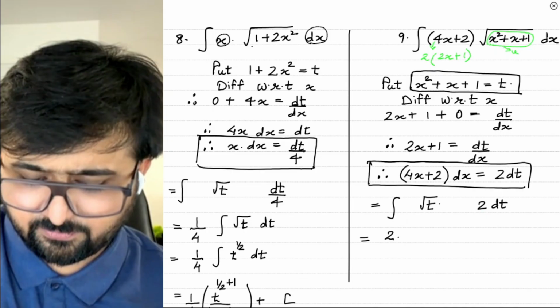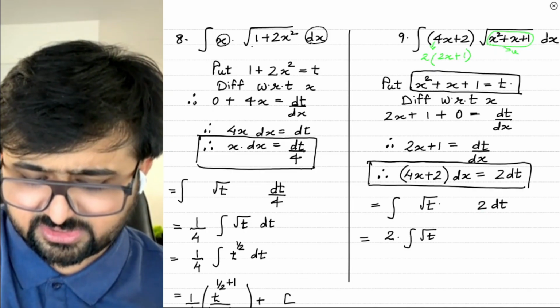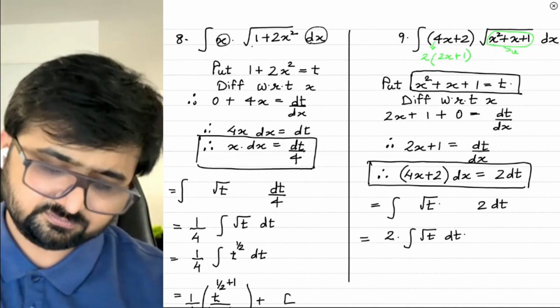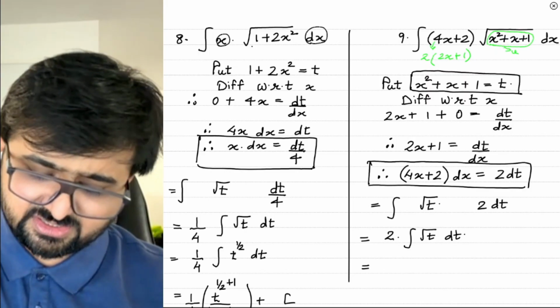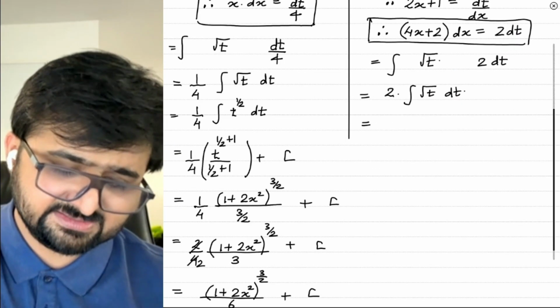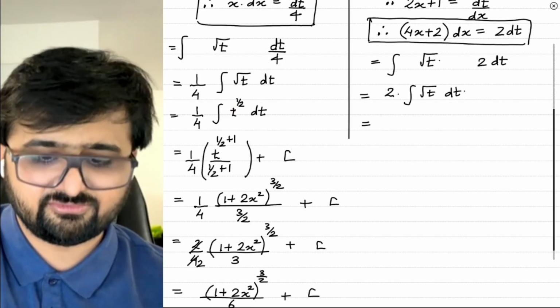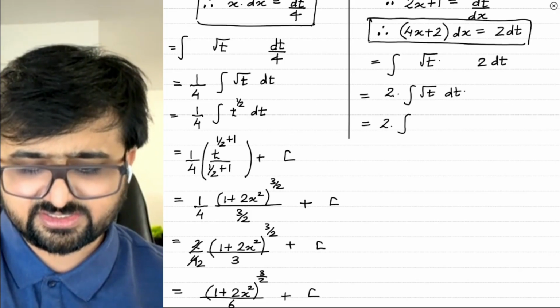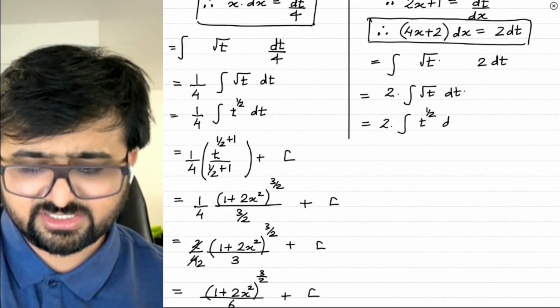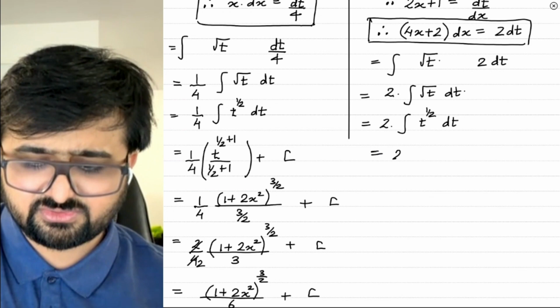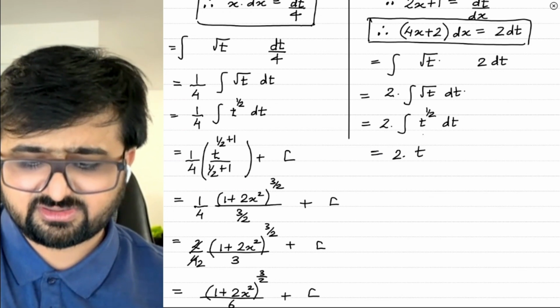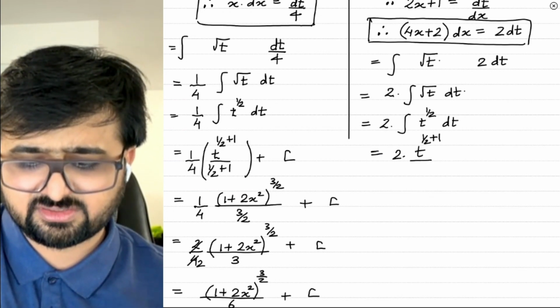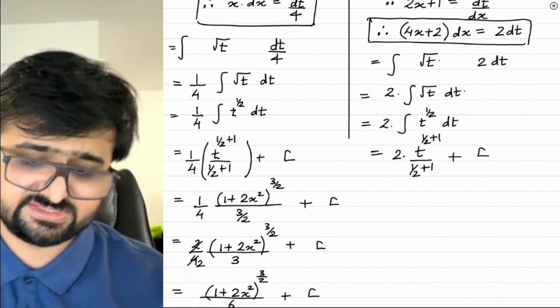So you get 2 integration of root t dt. Okay. Now, similarly, like we did, root t is nothing but t to the power half. Okay. So 2 times integral t to the power half dt, which is equal to 2 times t to the power half plus 1 divided by half plus 1 plus add constant of integration c.